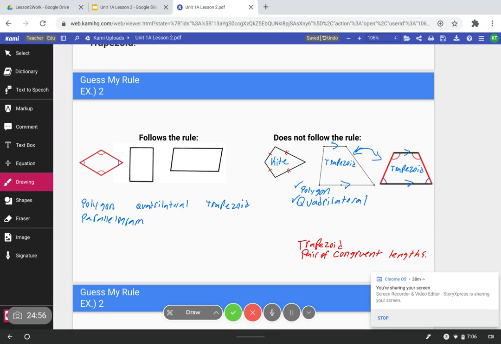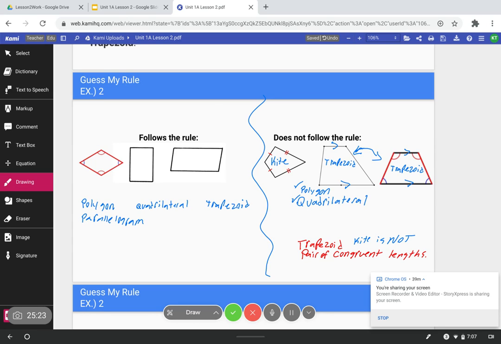These are things that cannot be true. So not all of these shapes in this category are trapezoids. The kite is not a trapezoid because look, there are no parallel lines. So the kite is not a trapezoid.